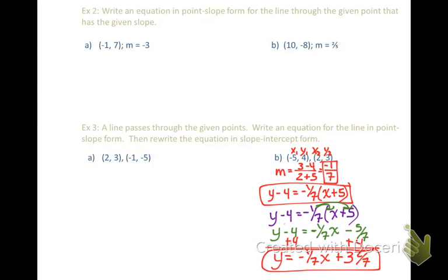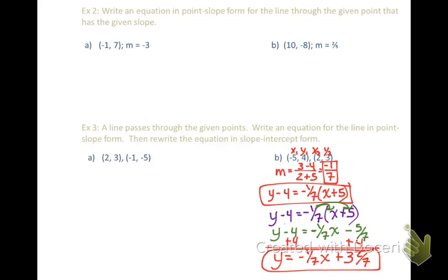Here's the answers for B. You had the slope, and it's -1/7. And then I plugged in the numbers for the point-slope form, which would be y minus 4 equals -1/7 (x plus 5), and that's your second answer.